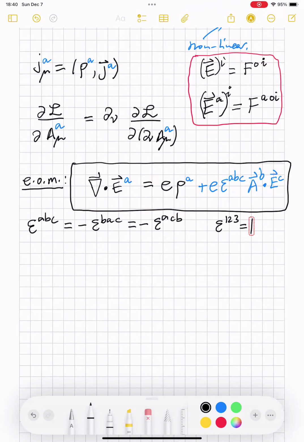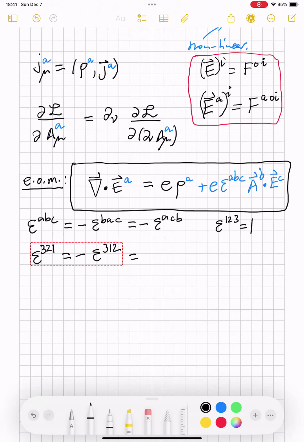Let me give you an example of getting a value. Let's say we wanted to work out the value of epsilon 3, 2, 1. Well, this will be minus the value of epsilon 3, 1, 2, since I've swapped the 1 and the 2.